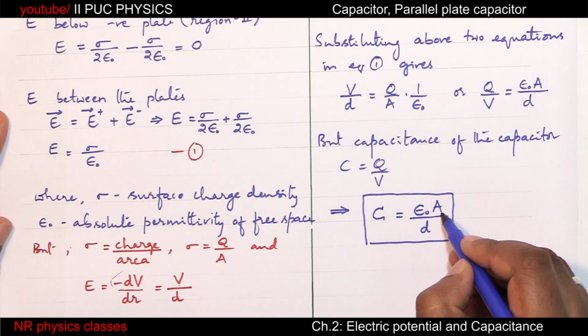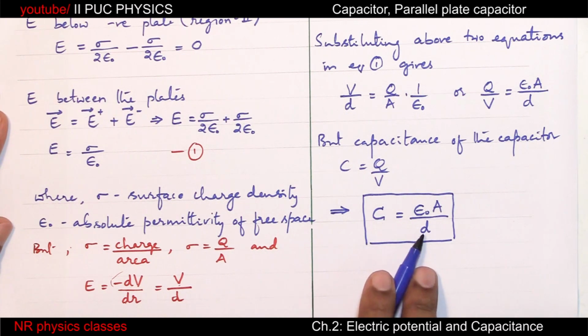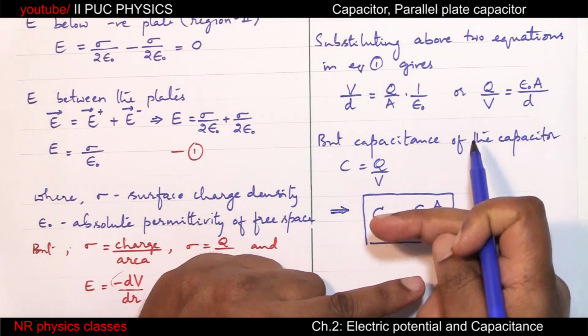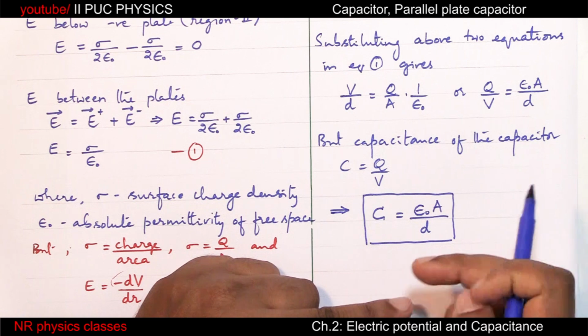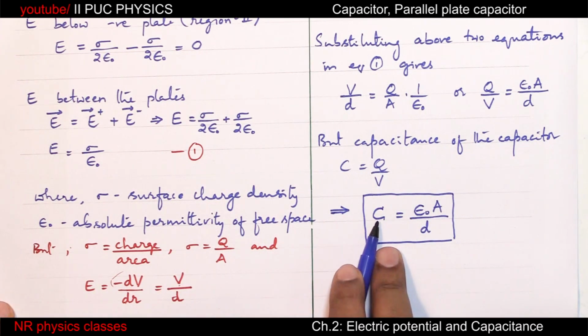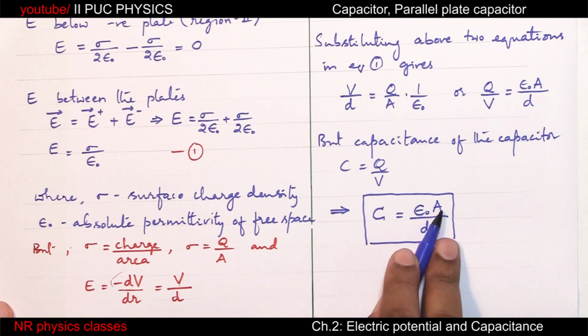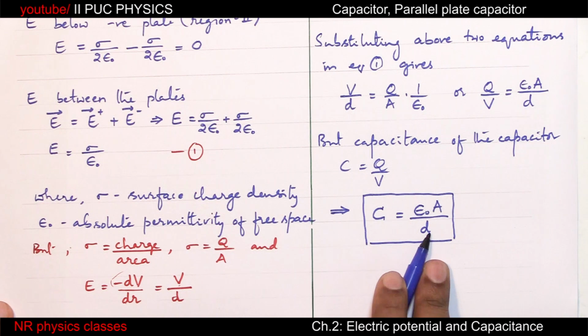If area increases, it can store more charge. Capacitance is inversely proportional to the distance between the plates. With the increase in separation between the plates, the influence of one plate on the other plate decreases, means capacitance decreases. That is the meaning. C depends on area, and C depends on distance between the plates.